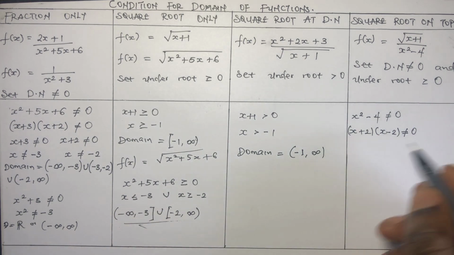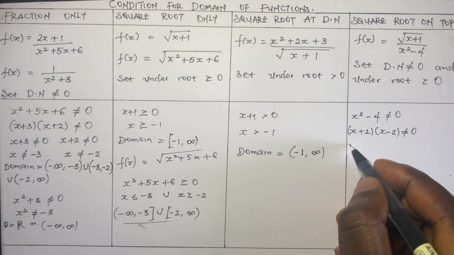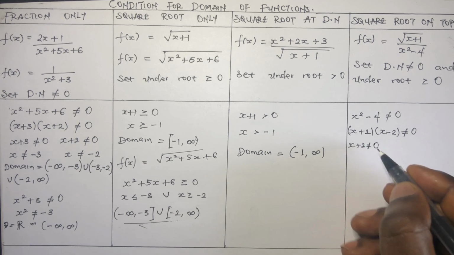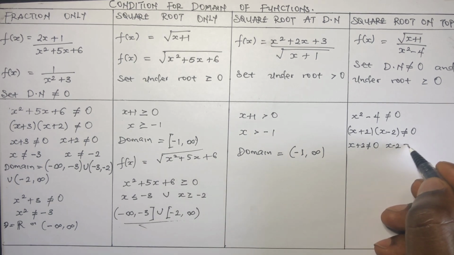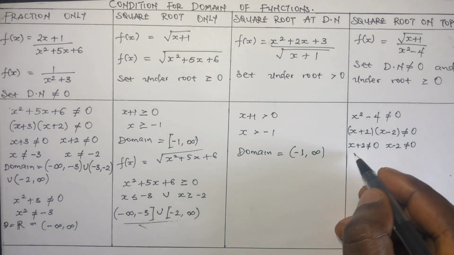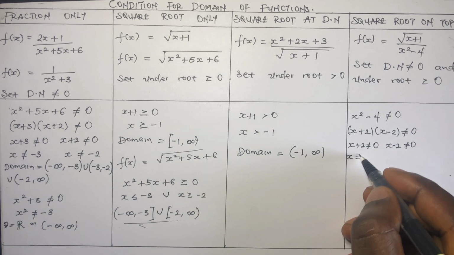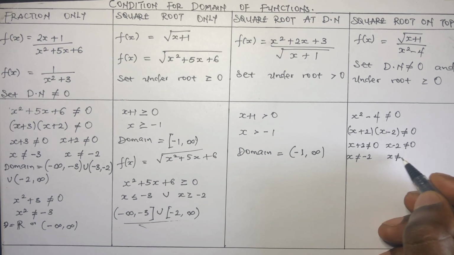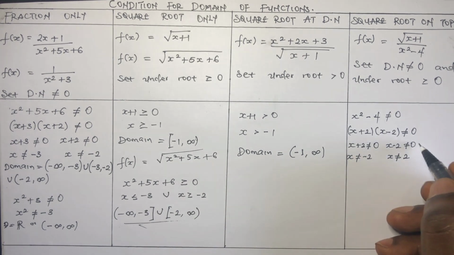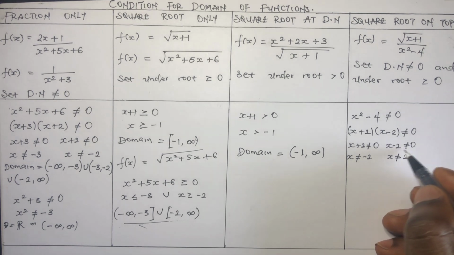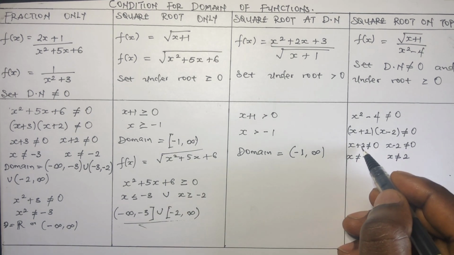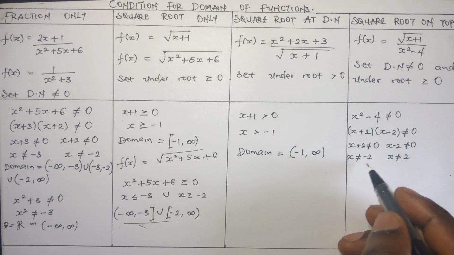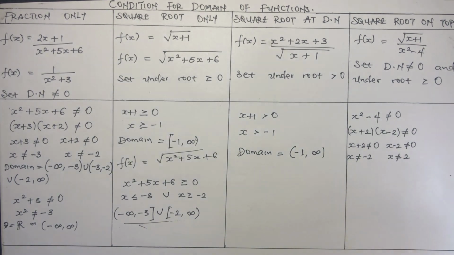If we separate these factors, we have x plus 2 should not be equal to 0, and x minus 2 should not be equal to 0 either. So x should not be equal to negative 2 and x should not be equal to positive 2, when you subtract 2 from one side and add 2 to the other. Right, so this is the first condition to get the domain of this function.